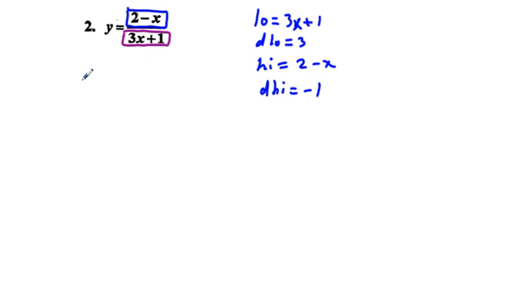And so y prime is going to be low, and low, as we mentioned, is 3x plus 1, d high, which is negative 1, minus high, and high is 2 minus x, and d low is 3.